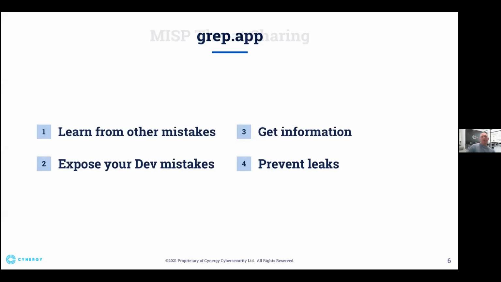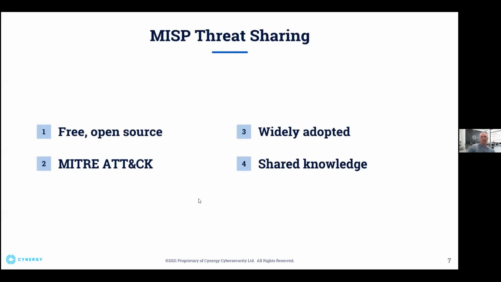The last platform that I want to show, because I want to give some time, is the most important platform. We keep the best for last. MISP is an open source project that allows threat sharing. What is threat sharing?